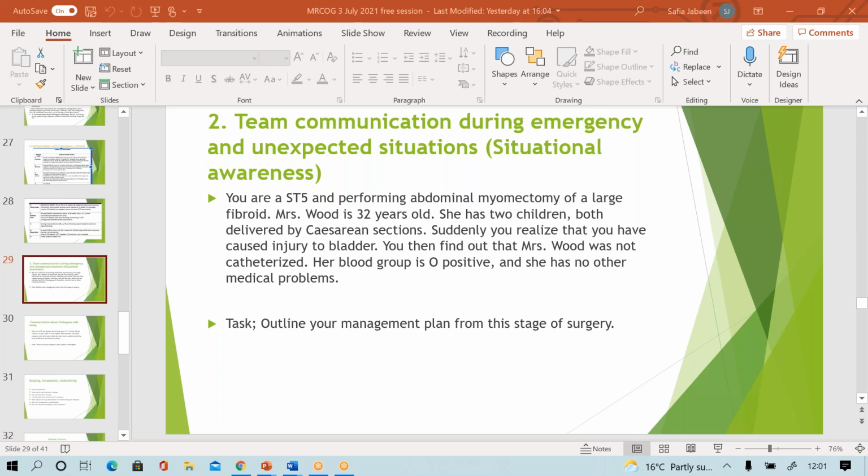And then again, the person, whoever was responsible for catheterizing the patient, that person and colleague is also going to go under immense pressure now. She made the mistake, and that's why this patient has gone through this. So it is very important then to think about support for that colleague.